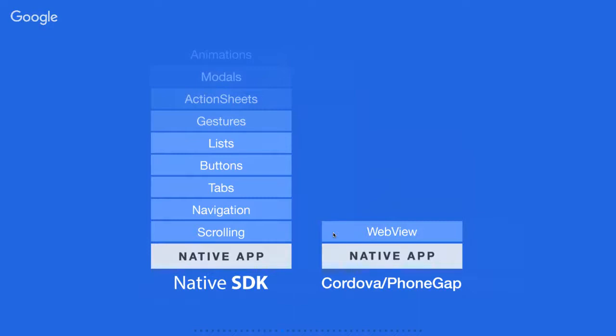If you just chose to go with PhoneGap with the web view, you have to worry about how to support KitKat, Lollipop, Marshmallow, and all the different versions. How a user will actually interact with it, and does it give a good experience?